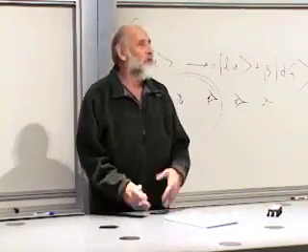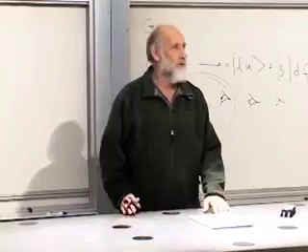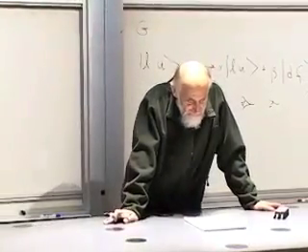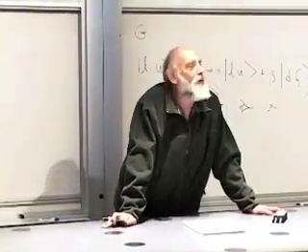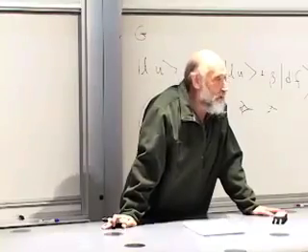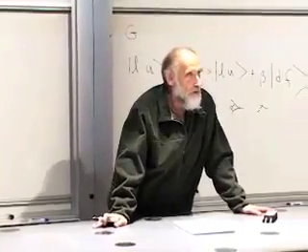You don't know which of those states it's in. You know what the system is, but you don't know in which of its states it is. That's what maximizes the entropy.